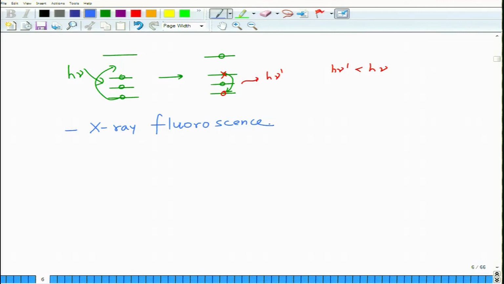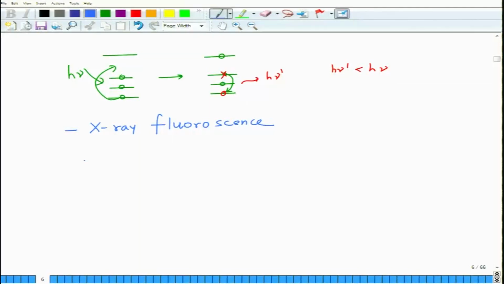This fluorescence creates a lot of noise in the system, because a lot of photons come out, go to the detector, get detected, and as a result create a lot of background in the system. So to minimize the absorption of the incident beam, you choose an X-ray which has lower absorption in the material.